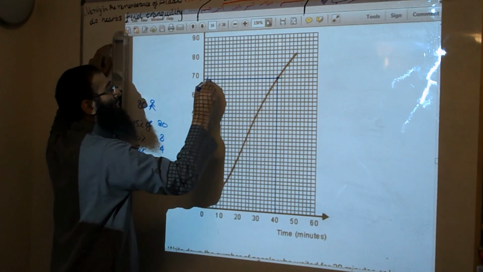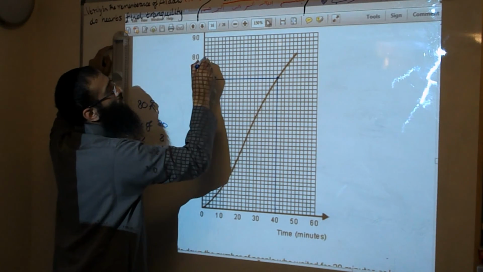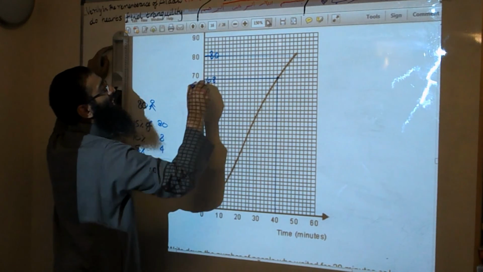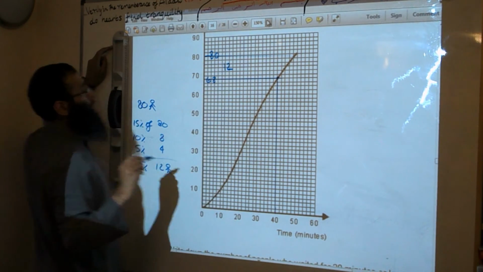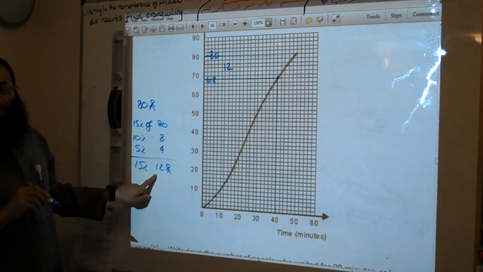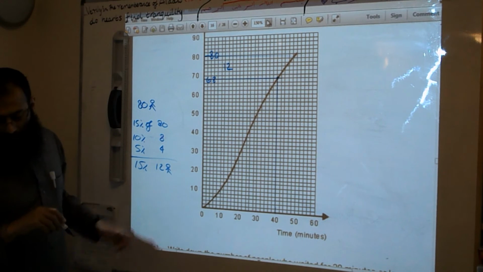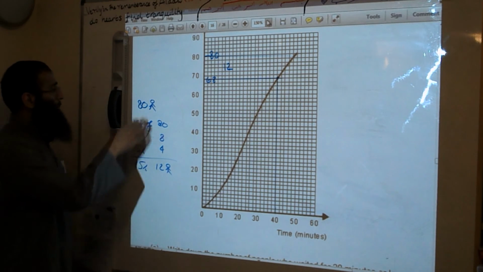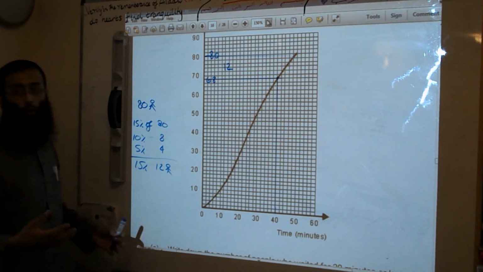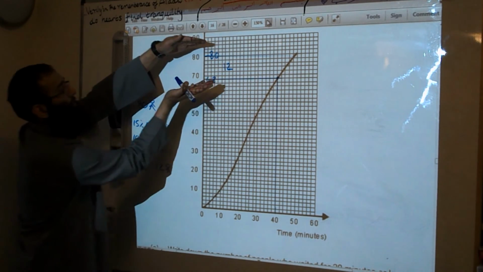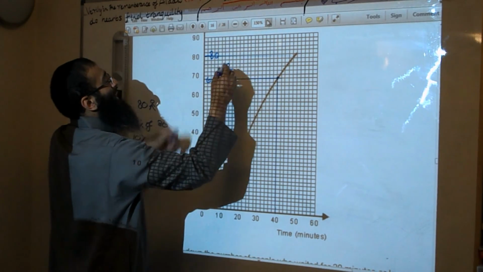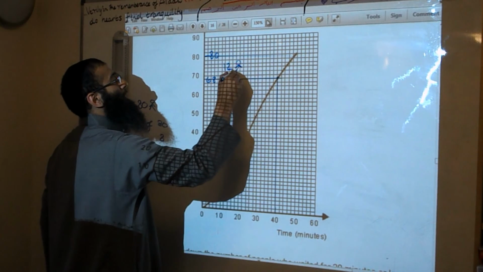Okay, I get here 68, and the total altogether was 80. And 80 take away 68 is 12. Did they hit the target? Exactly. So the answer is yes. 15% of 80 is 12 people. No more than 12 people should be in this region here, waiting more than 40 minutes, which is over here, which is 12 people. So it's exactly on target, bang on target.